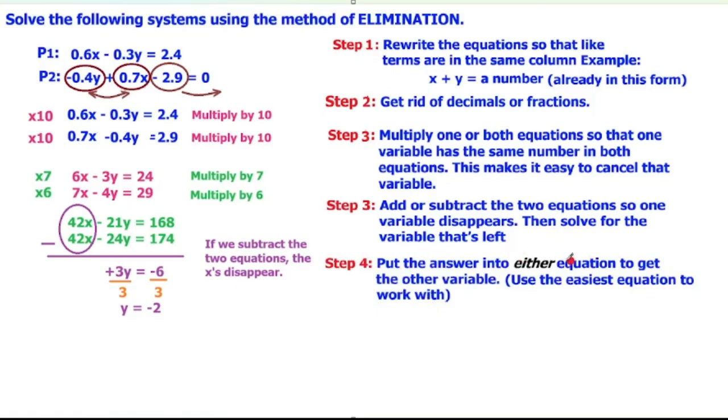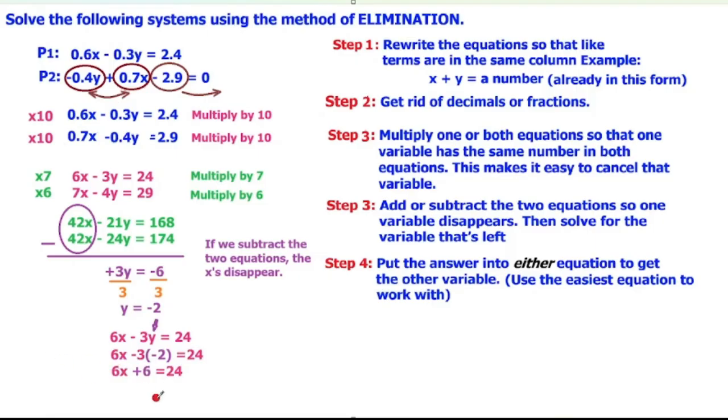Now we put the answer into either equation to get the other variable. And usually we use the easiest equation to work with. So we could use this equation. Okay, so we put negative 2 in here. And we get 6x minus 3 times negative 2 equals 24.